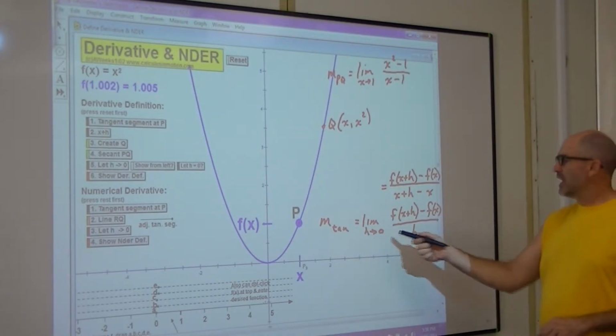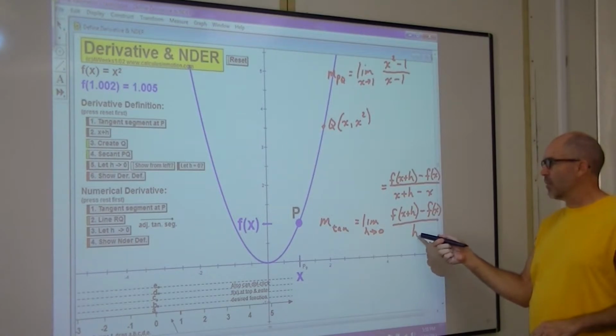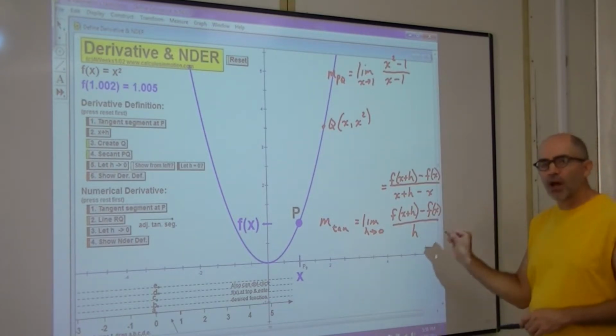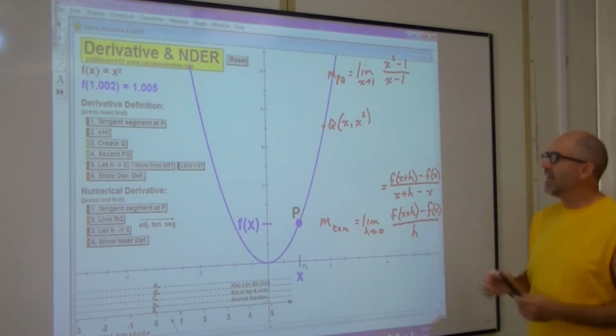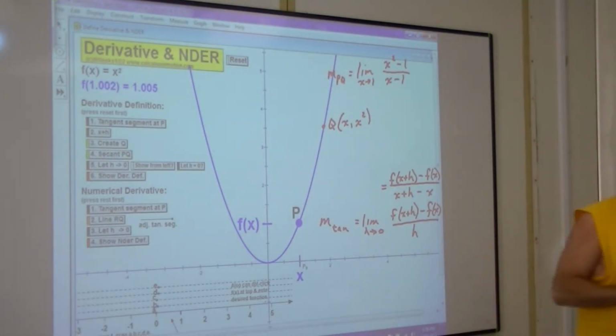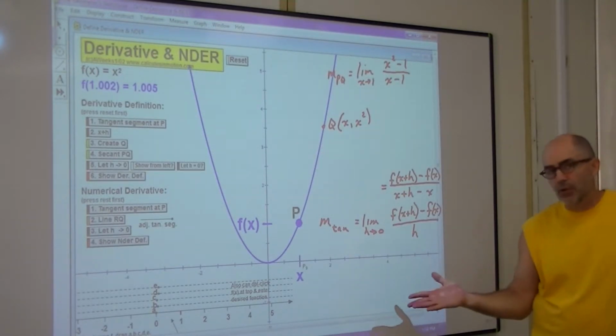Now notice, you can't just plug in h equals 0. You have to put smaller and smaller h values in there. And then what you do is you look and say, okay, if I'm approaching from the right, then the slope goes 3, 2.5, 2.1, 2.01, 2.001. What's the slope approaching? Well, it looks like it's approaching 2.